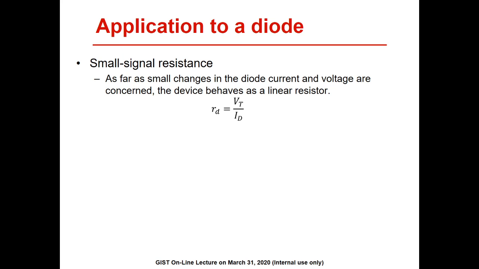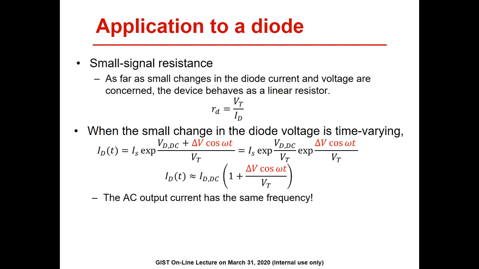Note that the small signal parameters are determined only by the DC parameters. When a small AC voltage is applied to a diode, due to its linearity, the AC current response has the same waveform. No frequency conversion occurs in this case.